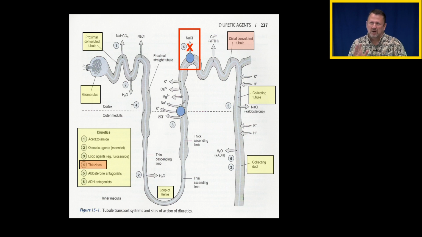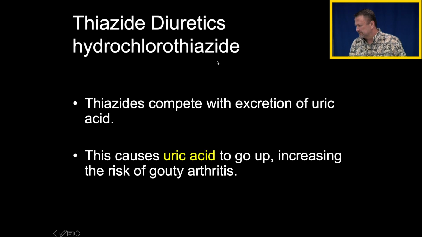So if we block the pump that brings sodium back into the blood, we're leaving sodium and therefore water in the filtrate and expanding urine volume, and that's our definition of a diuretic. And so by blocking sodium chloride reabsorption in the distal convoluted tubule, we increase urine volume.